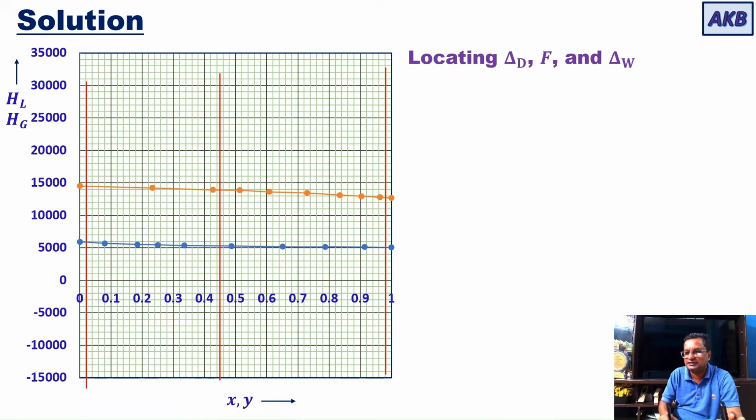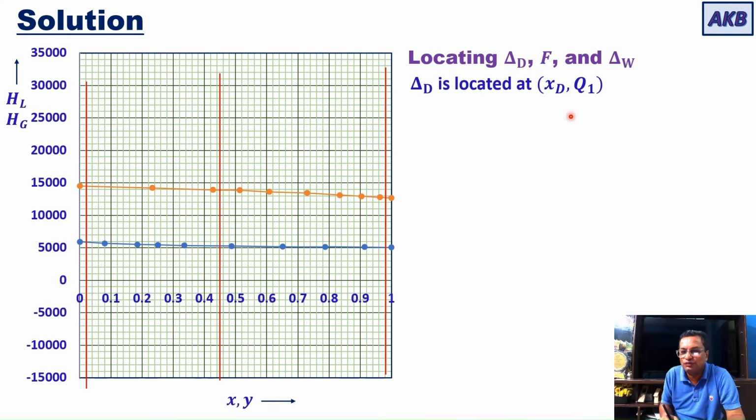So, the first task is to draw those vertical lines. The coordinates of point delta D are XD, Q1. We have drawn a vertical line through XD, so delta D will be located on this vertical line. Its location will depend on the value of Q1.